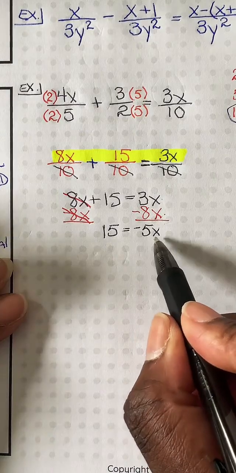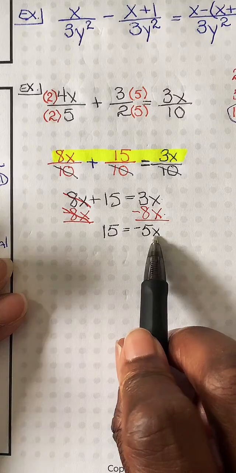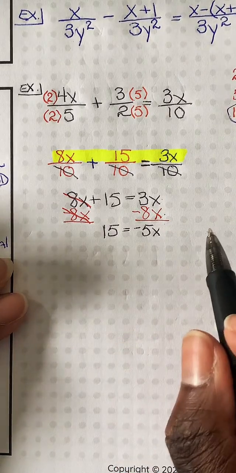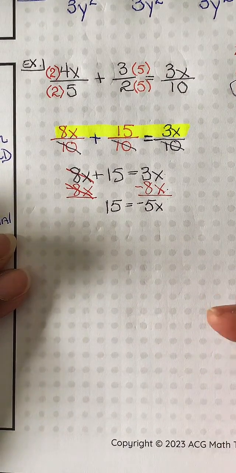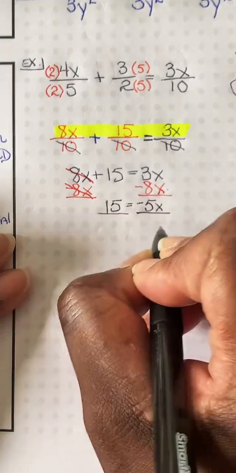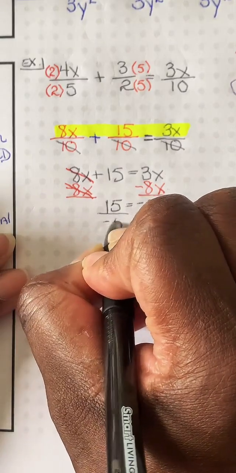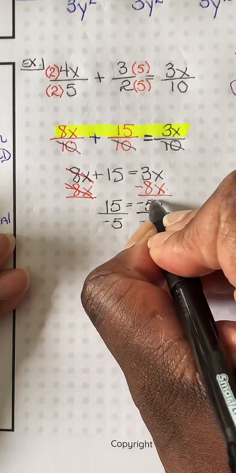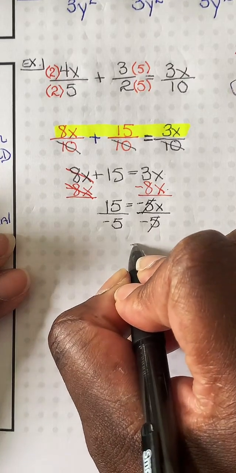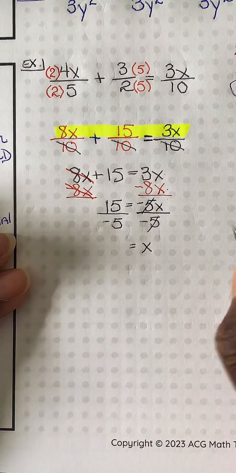So negative 5x, if you don't see a plus or a minus in between the negative 5 and the x, that means you're dealing with multiplication. The opposite or the inverse of multiplication is division. There you go. Thank you, Derek. So we got dividing both sides by negative 5. So negative 5 divided by negative 5 will give me 1. And since there's an x already there, just bring down the x.